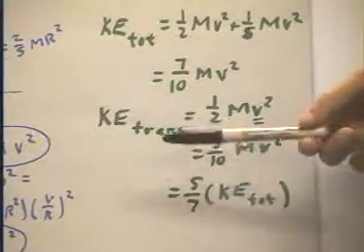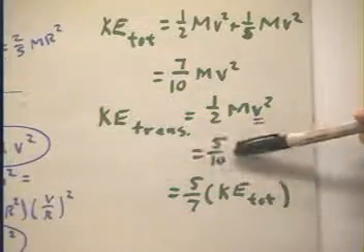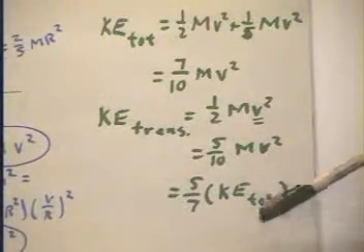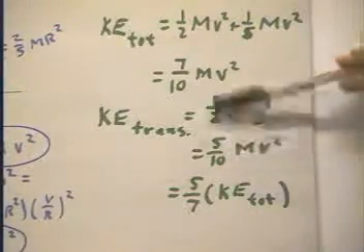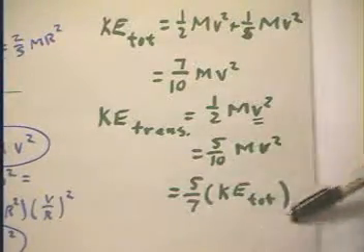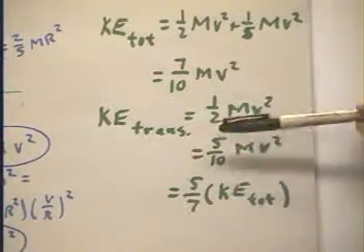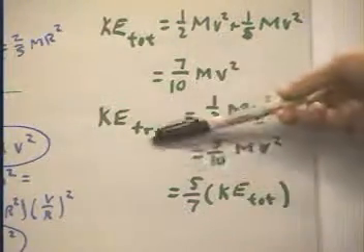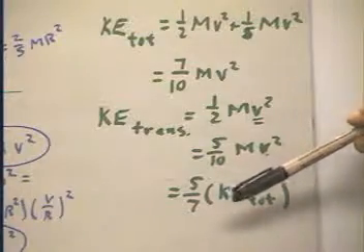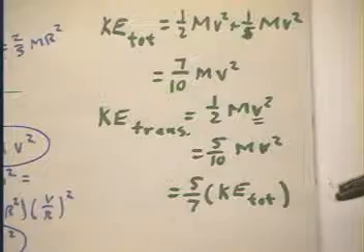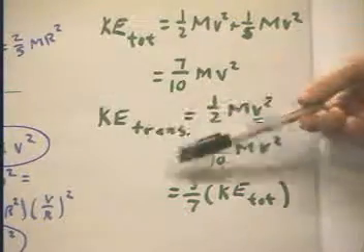Okay, we could, of course, put the 5/10 mv squared over the 7/10 mv squared and do this formally, but clearly 5/10 is 5/7 of 7/10. So I'm just going to assert that. Again, it could be done by doing equations. Divide this by this, and you have translational kinetic energy as a proportion of total kinetic energy. So that's where this comes from.